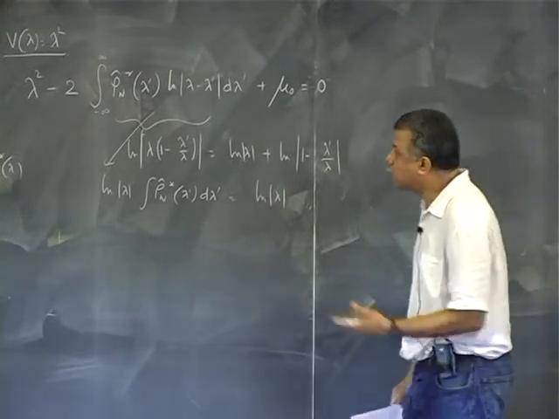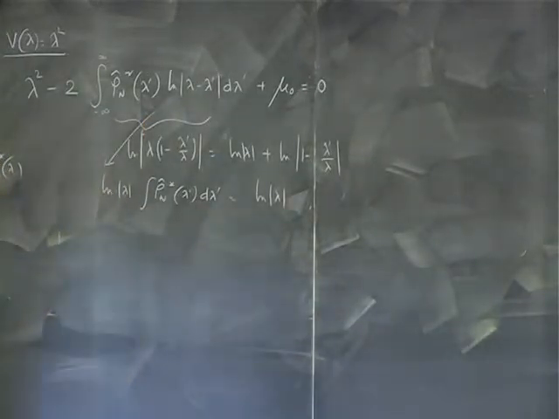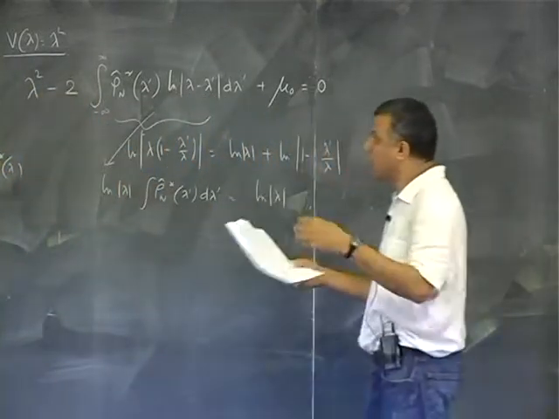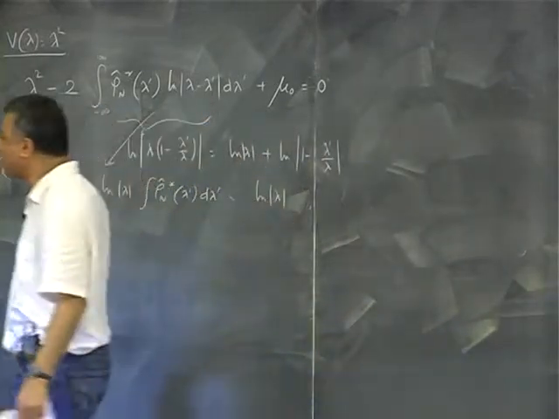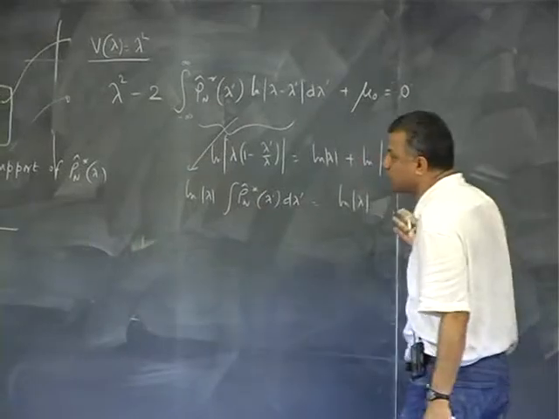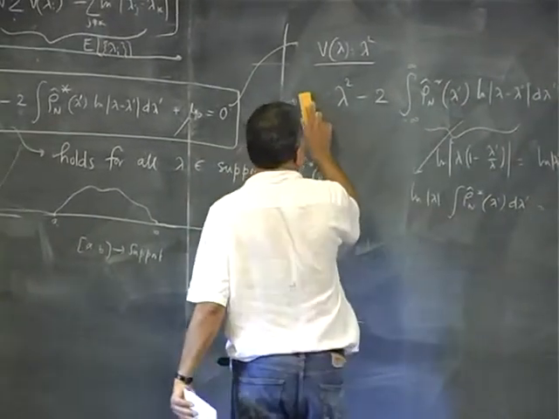So the first thing you learn without even solving this: if you have a confining potential which grows faster than log lambda, like lambda square or lambda 4 or whatever, you cannot have a solution with infinite support. It has to be a finite support. That's the first conclusion.